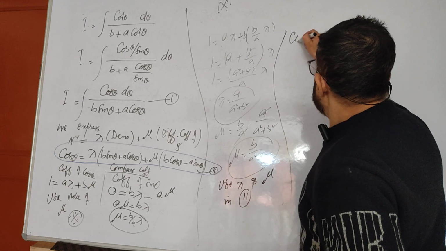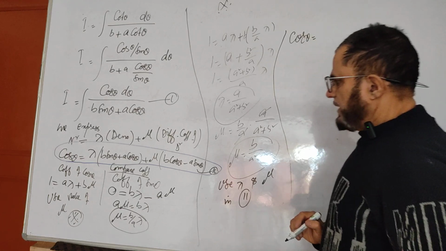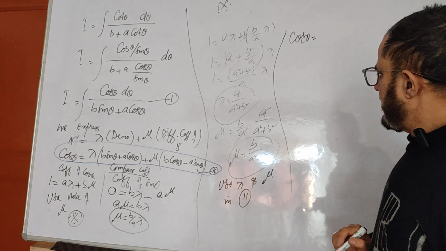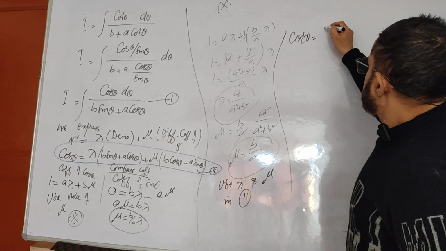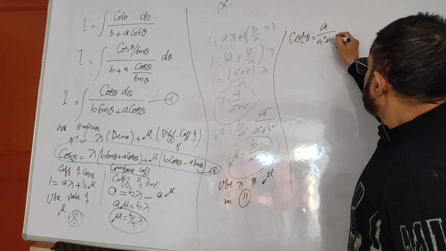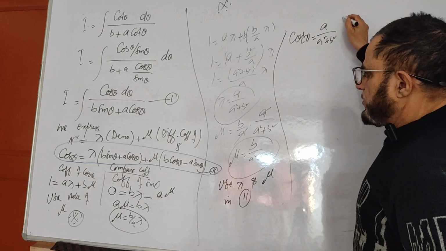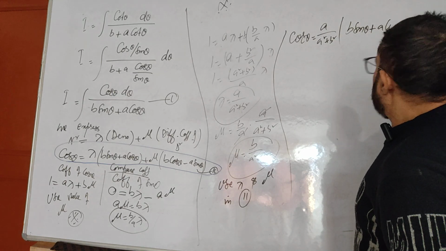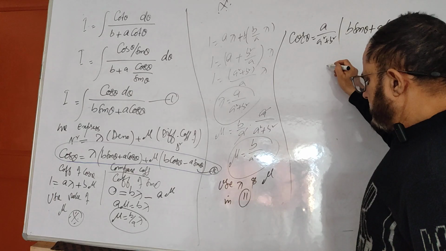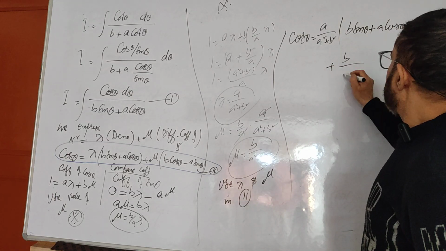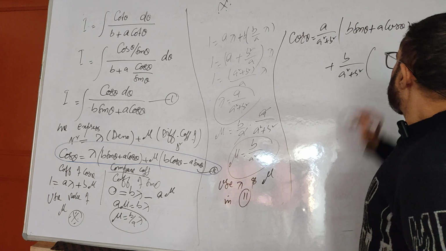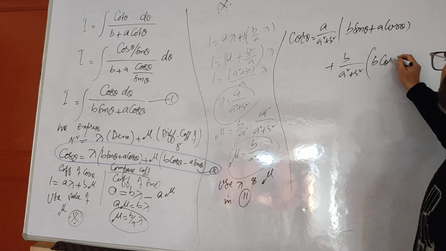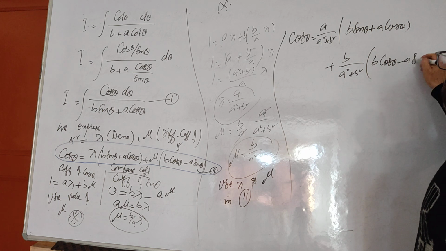You get cos theta is equal to lambda. What is lambda? It is a by a square plus b square into b sin theta plus a cos theta. Then plus mu, which is b by a square plus b square, into b cos theta minus a sin theta.